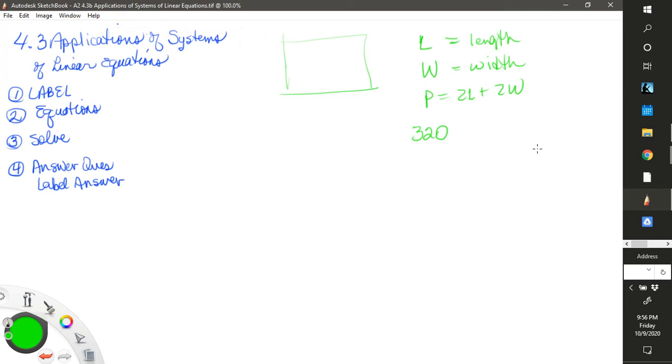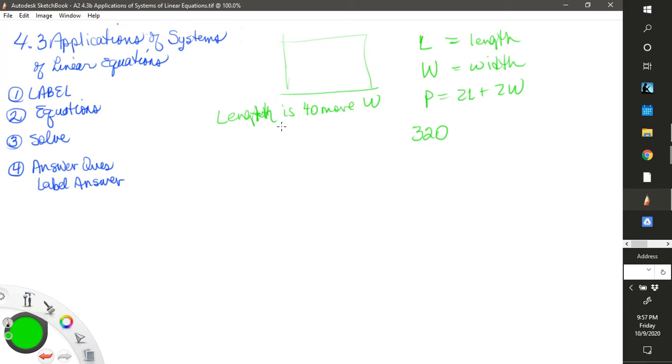And they said that the length measures 40 yards more than the width. So the length is 40 more than the width.